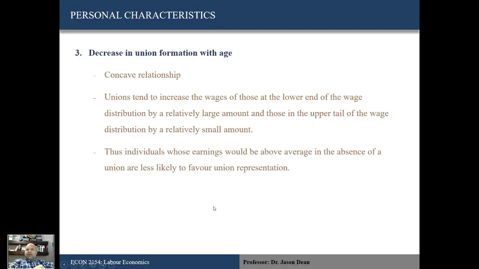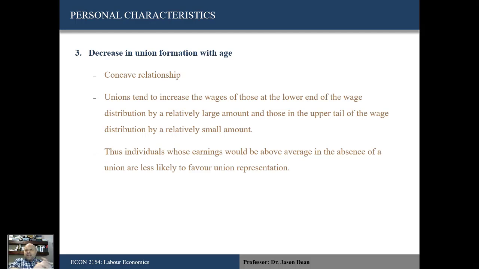We can also think of union formation and age. There tends to be a concave relationship, meaning that when you were thinking of a younger age and getting older, at first the union formation increases at an increasing rate, and then it tapers off, and then it begins to decline.